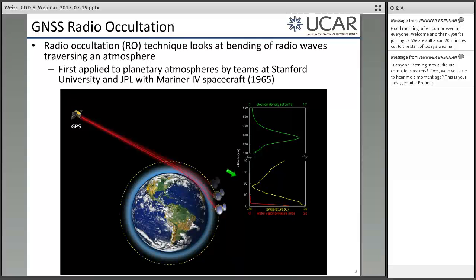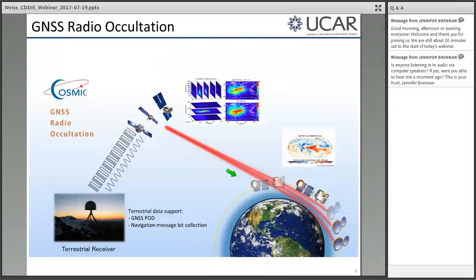So there's an example on the right of a temperature profile for height versus temperature. The technique is also used to look at the ionosphere, so looking at total electron content and electron densities. We'll have a couple of examples of that coming up as well.